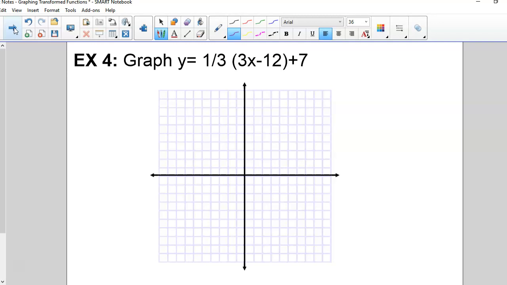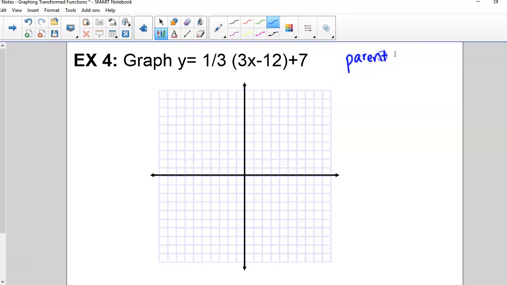So, whenever your parent function is y equals x, a linear function, okay? When your parent function is y equals x, when it's linear, don't use transformations, okay?